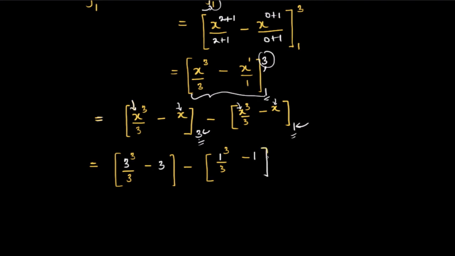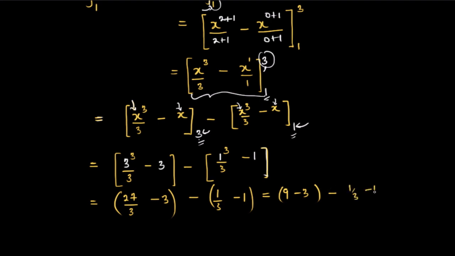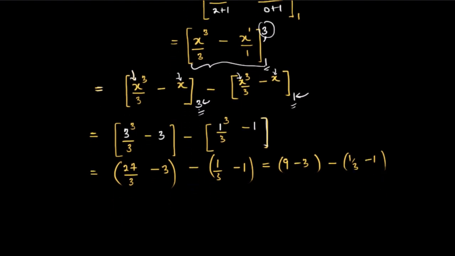So 3 to the power 3 is 27 divided by 3, minus 3, minus 1 to the power 3 which is 1 all over 3, minus 1. So 27 divided by 3 is 9 minus 3, then minus the quantity 1 over 3 minus 1.